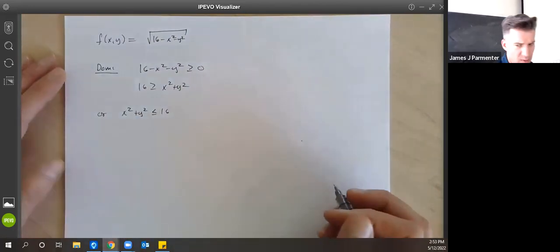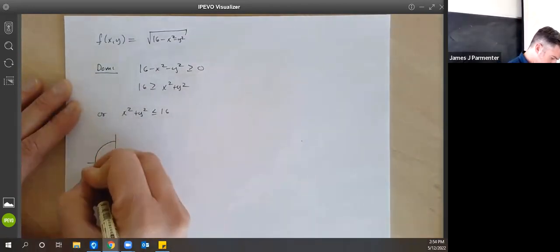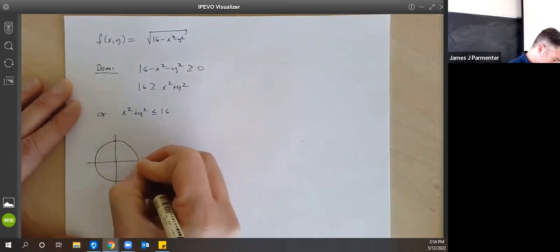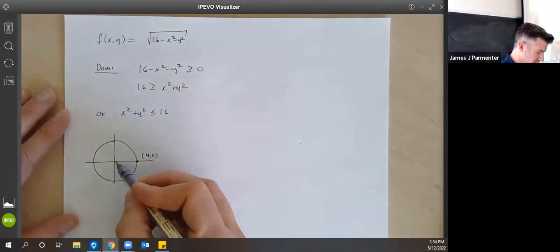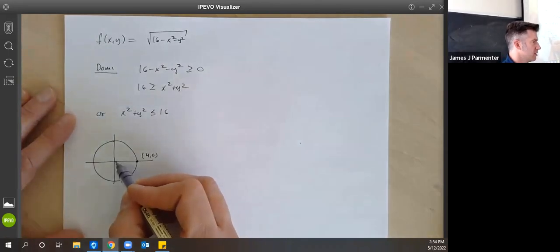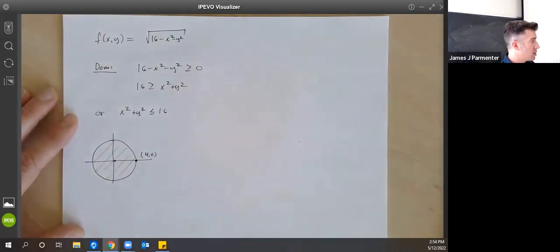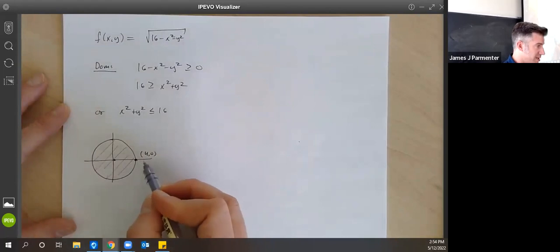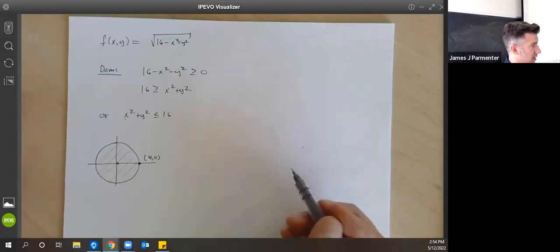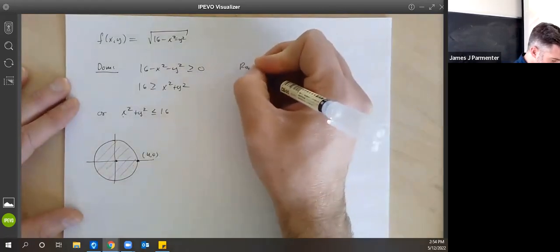So are we inside or outside this circle? Is the point (0, 0) satisfactory? Yeah, so we're inside the circle. And also including the circle, right? Because we definitely want the points that make it equal to 16, and (4, 0), which is on the circle, definitely satisfies this inequality.